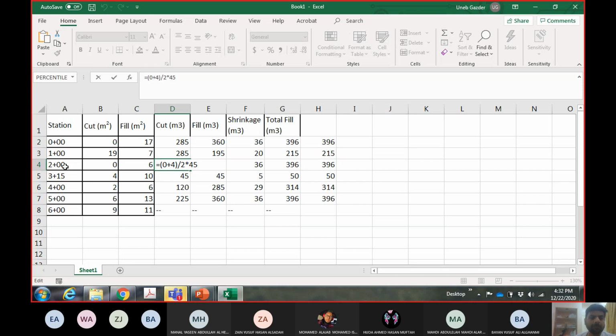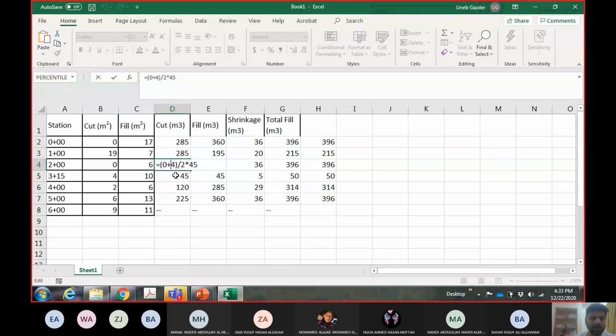Why 45? If it was from 2 plus 00 to 3 plus 00, then you would have taken 30 meters. From 2 to 3, it is 30 meters. Then we have this additional 15 as well. So 30 plus 15, 45 meters.